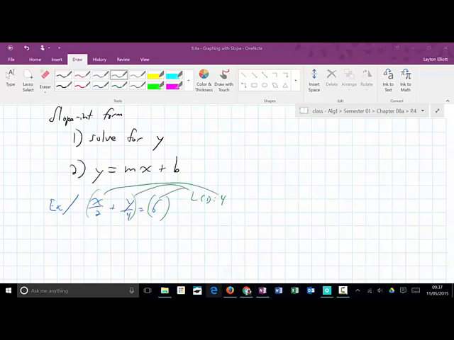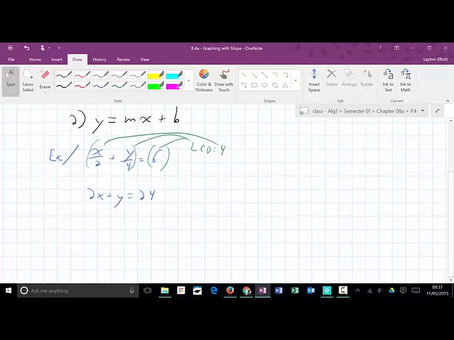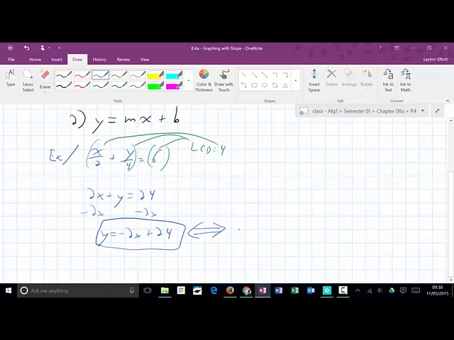So I'm going to multiply each of these by 4, and I get 2x plus y is equal to 24, and then I subtract 2x from both sides, and I get y is equal to negative 2x plus 24. And that is slope-intercept form because that matches y equals something times x plus another something.